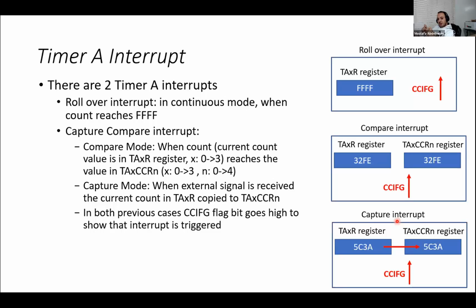Whenever you have this event, the current count in the TAxR register will be copied to the TAxCCRn register. Then you can know at what time this signal changed from 0 to 1 or 1 to 0.